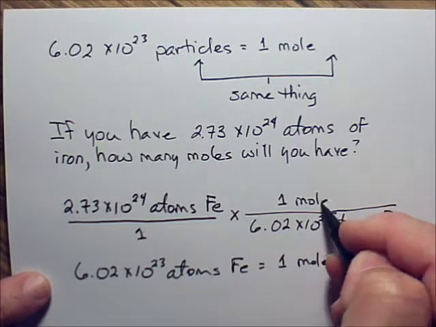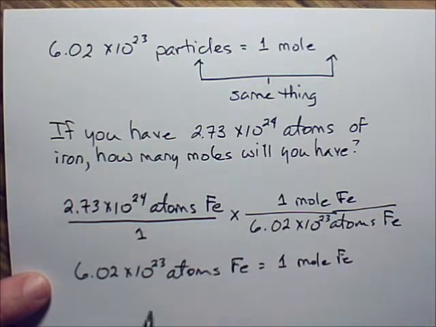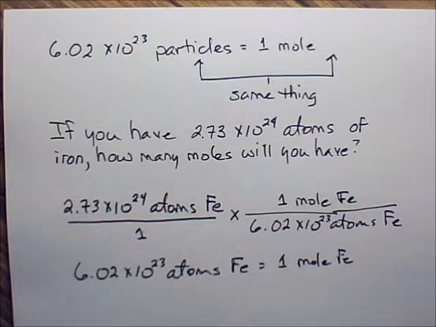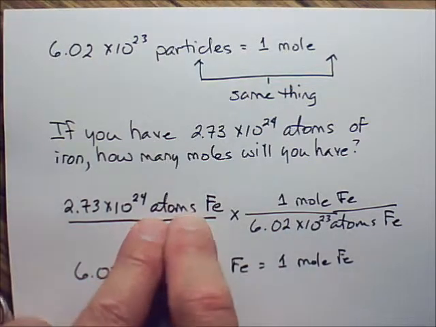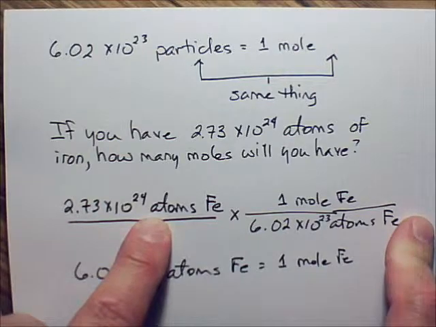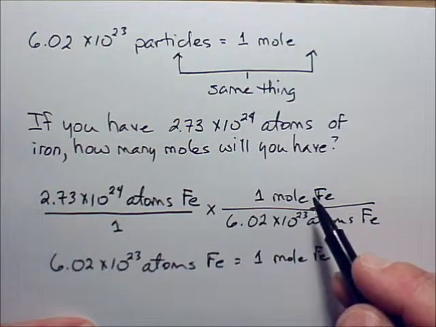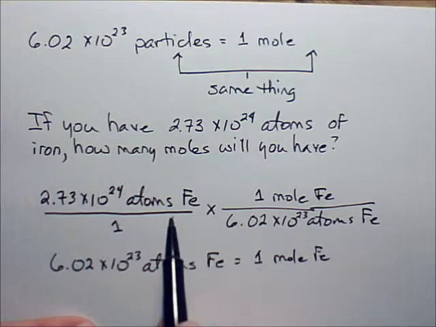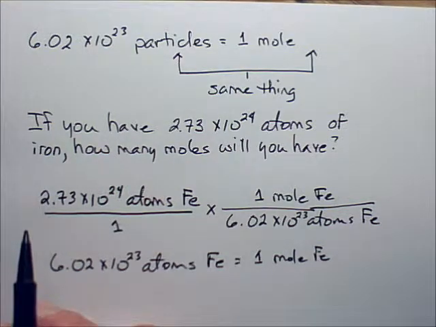Now, for anybody who likes to know why we do that: if you put two things that are equal on top and bottom of a fraction, that equals 1. If it equals 1, then we're not going to change the amount of our starting stuff. We're going to change how it's measured. Does that make sense? Now that we've built our conversion unit, we're ready to cancel units and species.